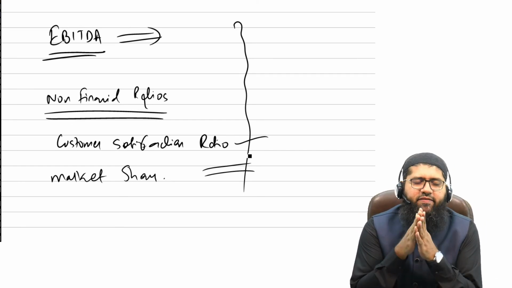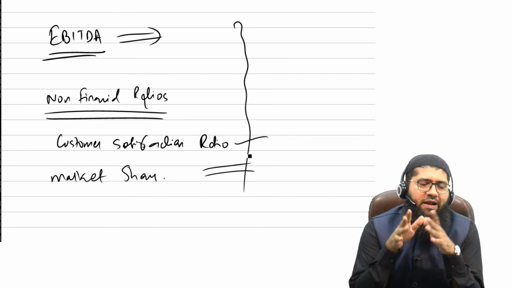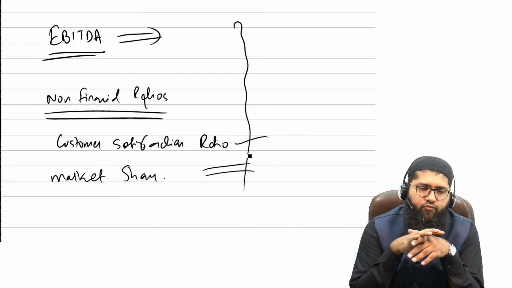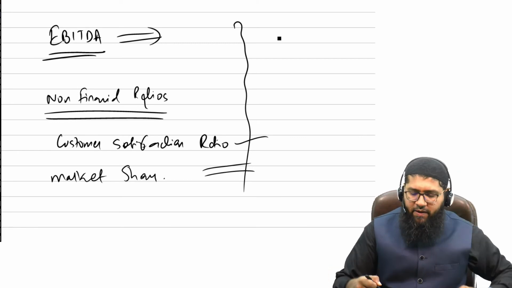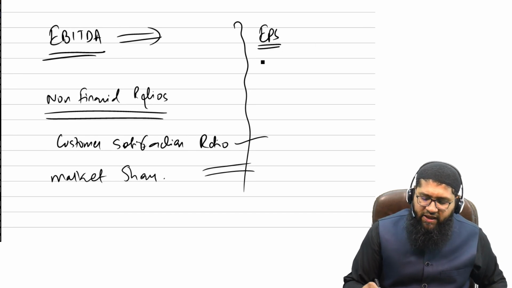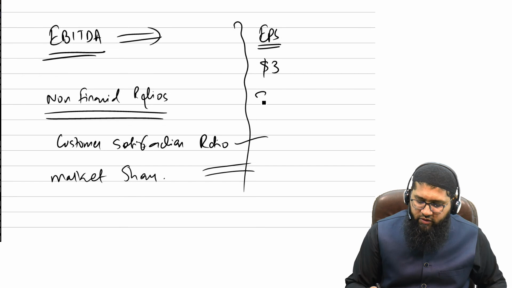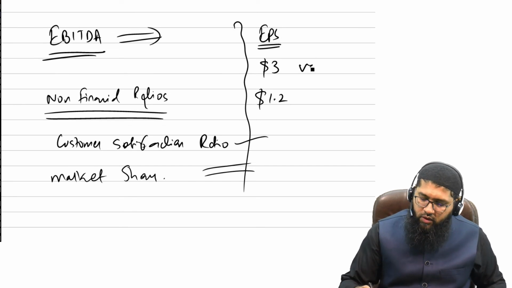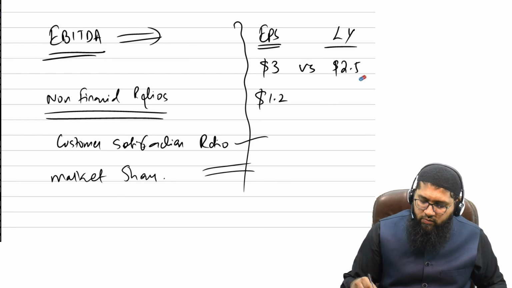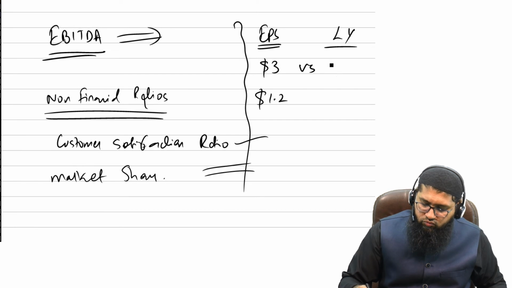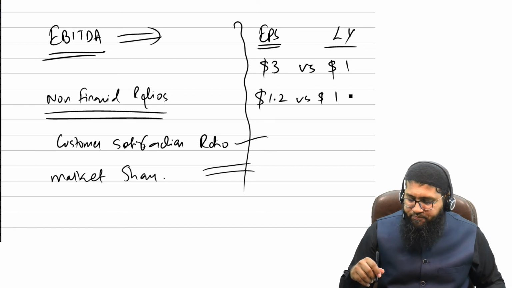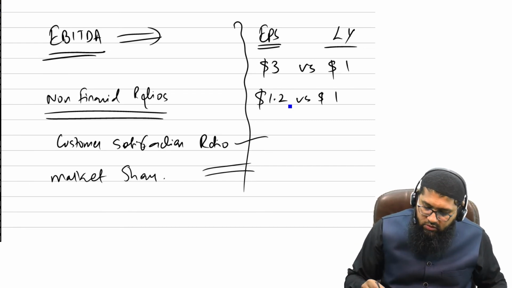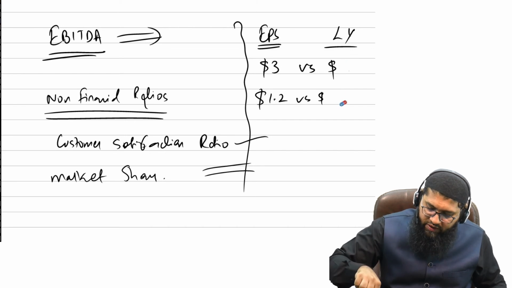Now, one thing is that at times you can get the formula wrong. But whatever formula you have written wrong, if you can get the interpretation right, you can still earn marks. For example, the EPS that I should have calculated would have been $3, but I calculated $1.2.